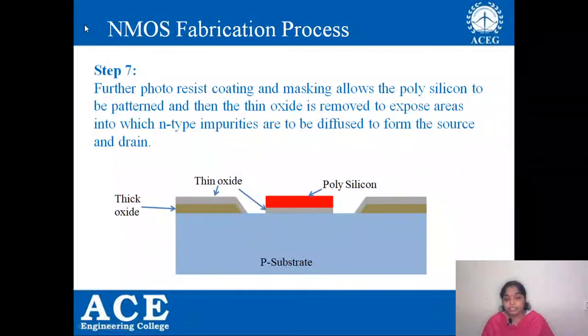Now coming to the next step. In this step, by going through oxidation, photolithography, etching process, we have selected the area where we require to form source and drain regions. Okay, so only these 2 areas of the substrate are exposed to external things, and the remaining area is protected by silicon dioxide.